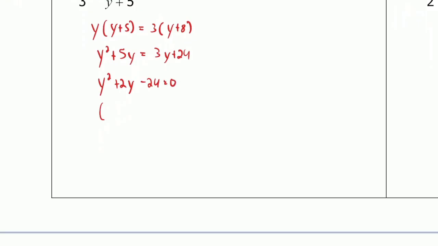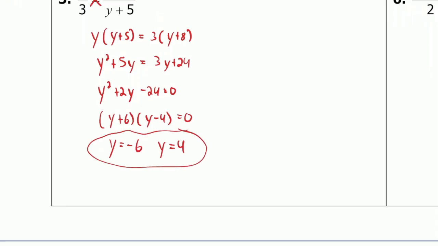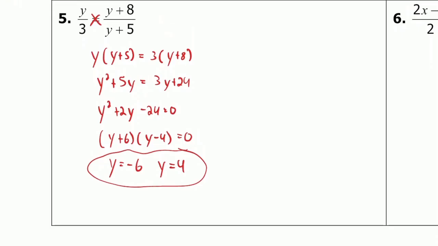That factors to y plus 6 and y minus 4. So then y should equal negative 6 and y should also equal a positive 4. And again, just like all the ones we've already done, neither of these will make my denominator equal to 0.